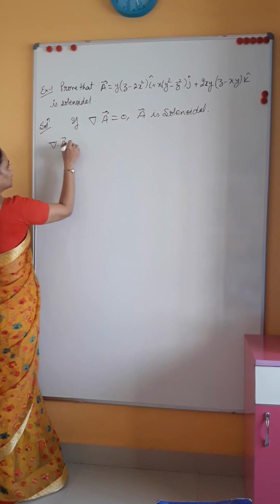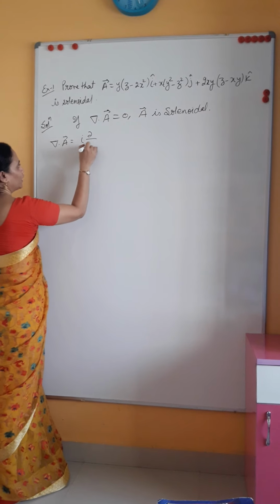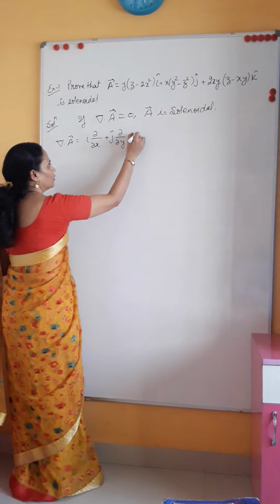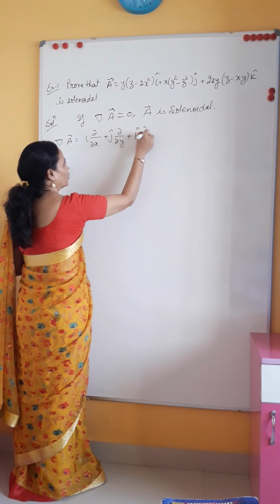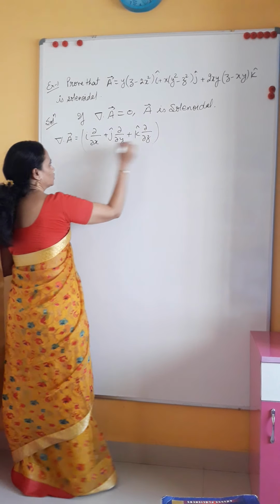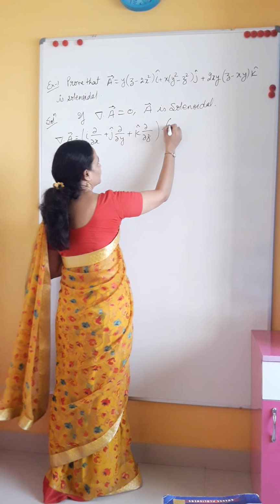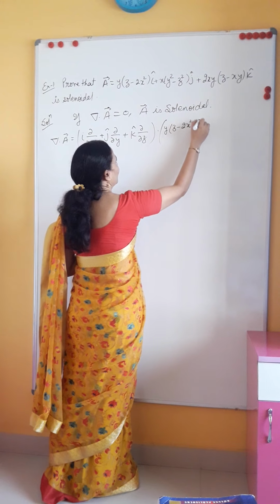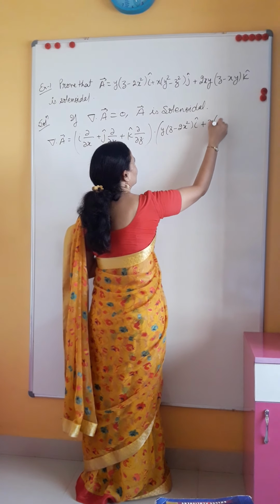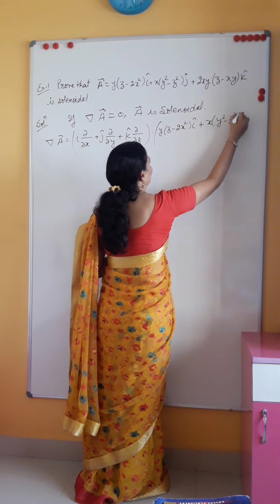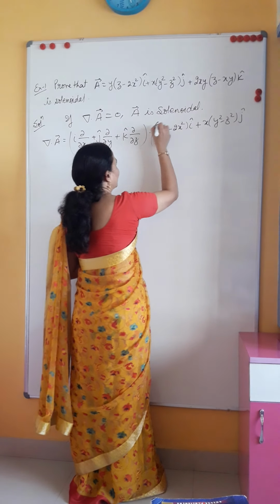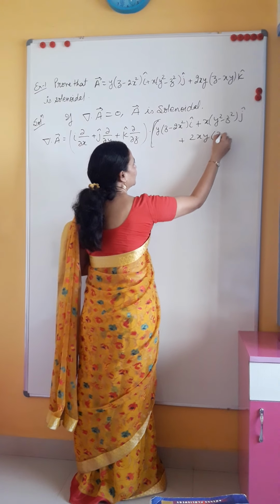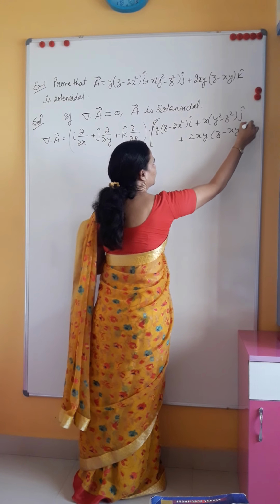Del dot A is i cap dou by dou x plus j cap dou by dou y plus k cap dou by dou z, dot the function: (yz minus 2x square) i cap, plus (xy square minus z square) j cap, plus (2xyz minus xy) k cap.